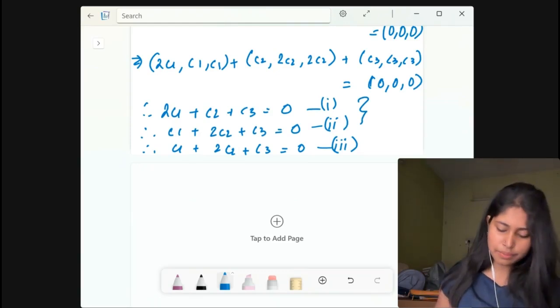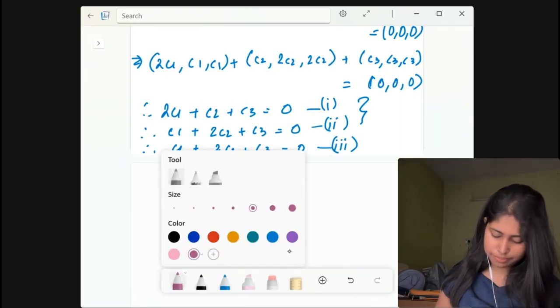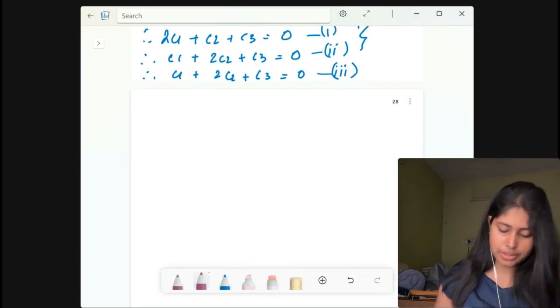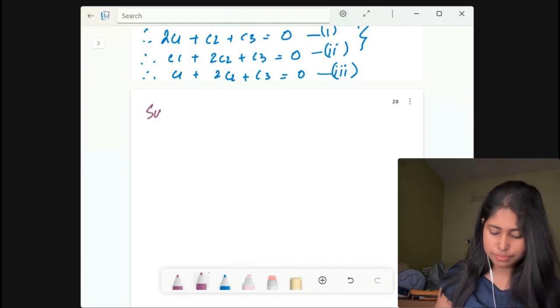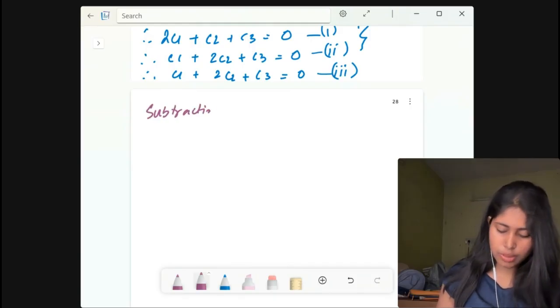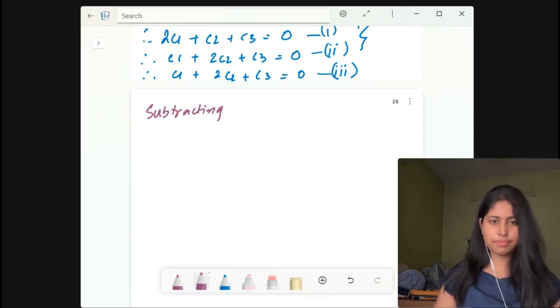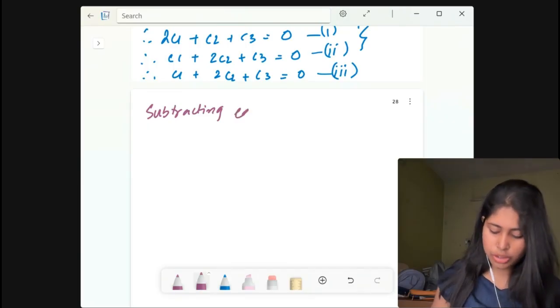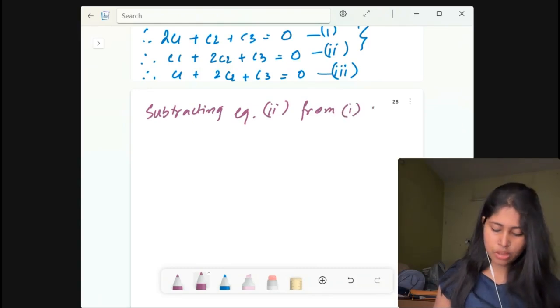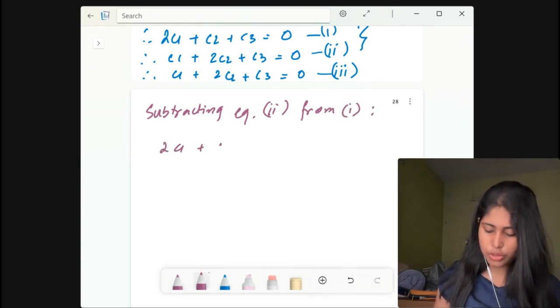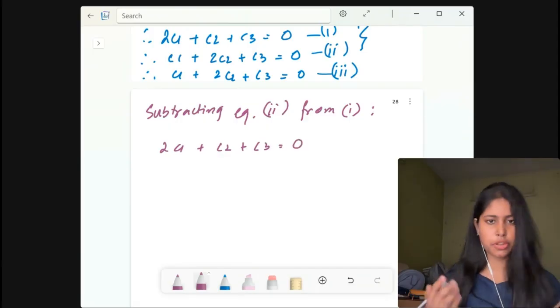Okay, let us see. Just take another pen. Let's take purple. Okay, yes. So now if we do subtracting equation 2 from 1, which is basically 2C1 plus C2 plus C3 is equal to 0, this is the first equation.